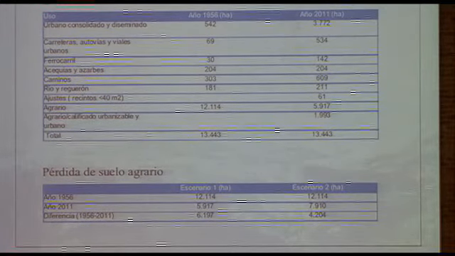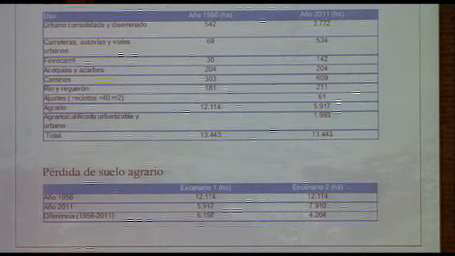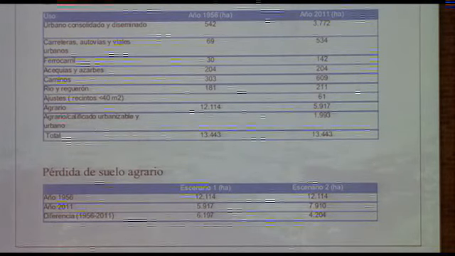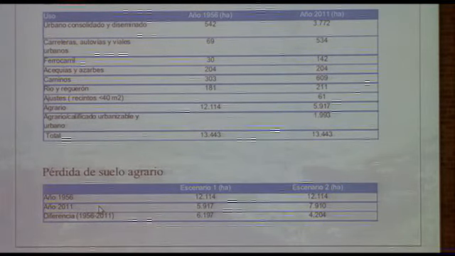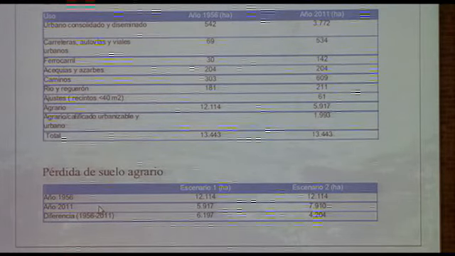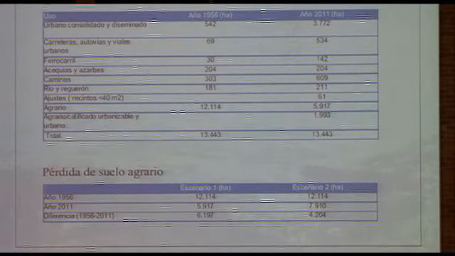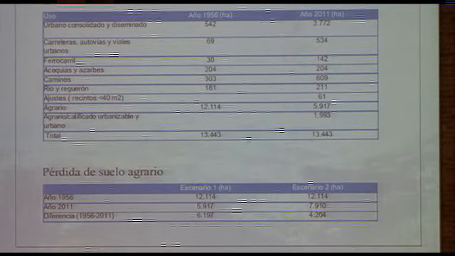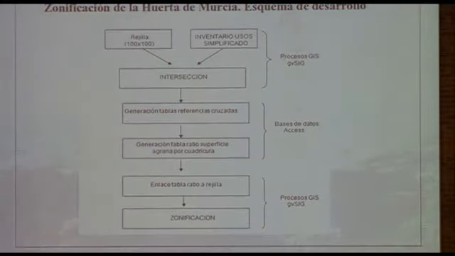We have different uses that have been developed there, different scenarios. We have now 5,000 hectares that are fully agricultural lands. We have lost a lot of hectares that at the beginning were dedicated to agriculture, and now the uses have changed, and the agricultural lands have been reduced to 5,000 hectares.